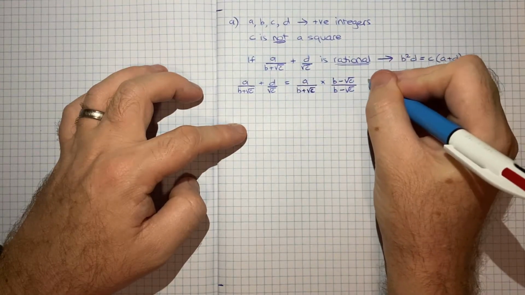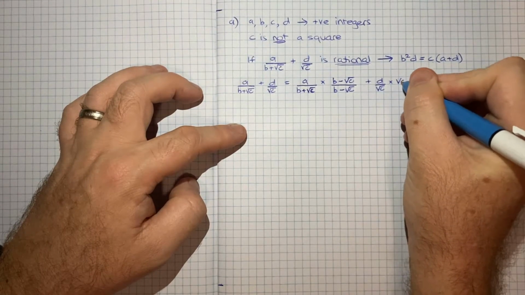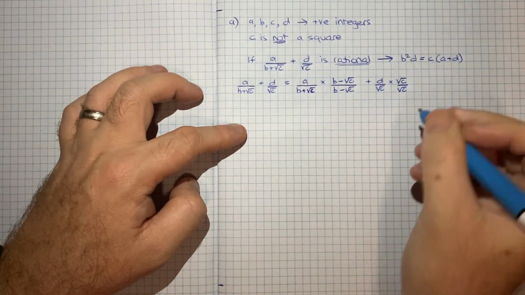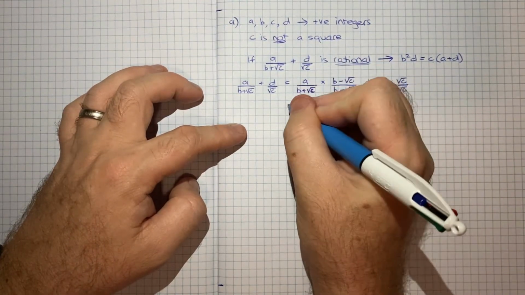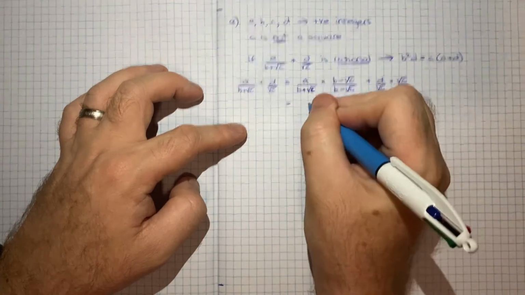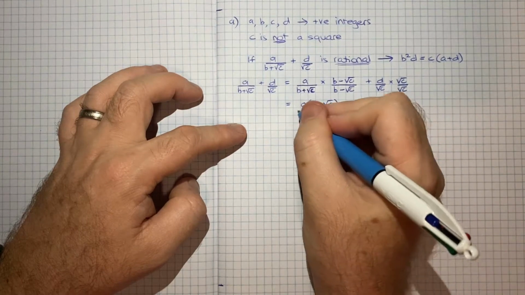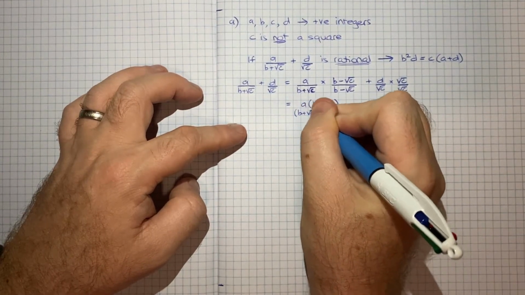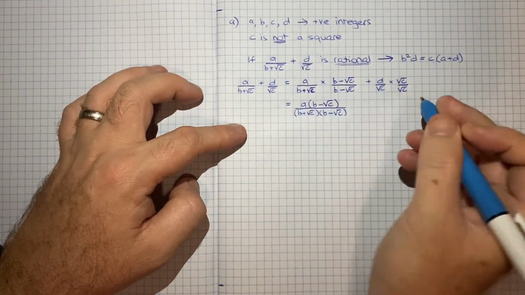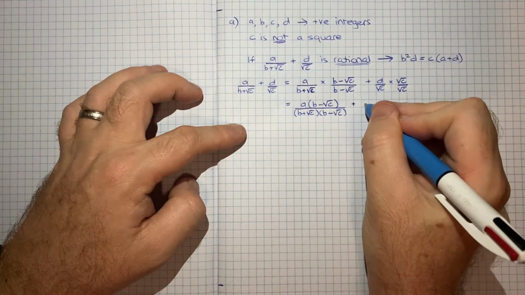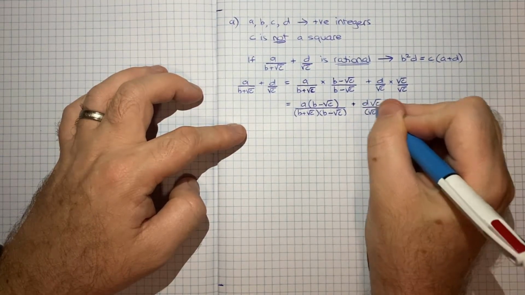And then for this d on root c, we can just use that classic technique of multiplying top and bottom by the surd. We haven't changed anything, we've just multiplied each part by 1, but notice how this helps us. We'll get a times b minus root c divided by b plus root c, b minus root c, and hopefully that looks very familiar, plus d root c on root c squared.